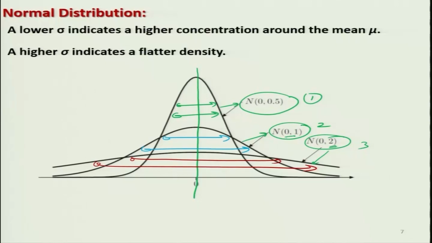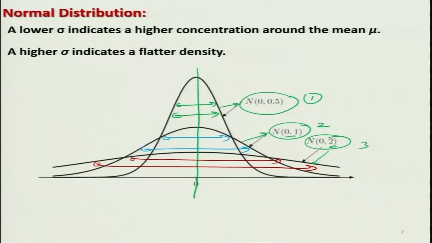So, you can see that in curve number 1 the spread is less in comparison to curve number 2 and curve number 3, and similarly curve number 2 has a smaller spread around 0, that is the mean, in comparison to curve number 3.